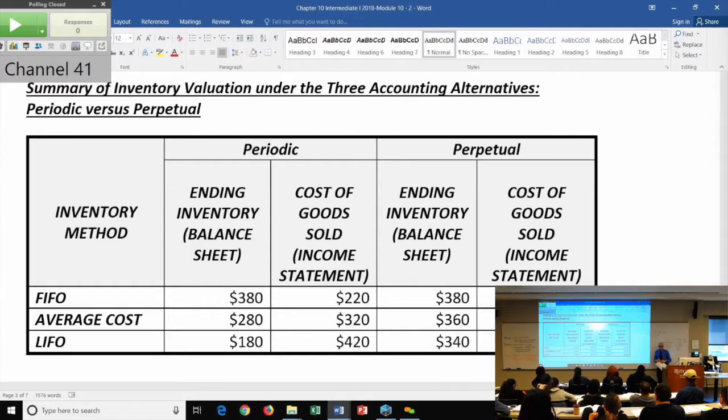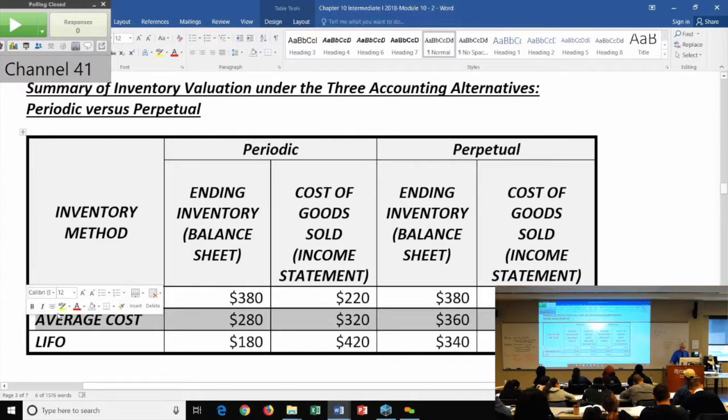You have a balance sheet objective. FIFO will give you ending inventory close to current cost. So it meets the balance sheet objective of valuing inventory at current or replacement costs. We know that the average cost falls in between the two.